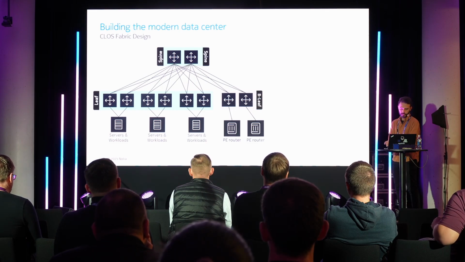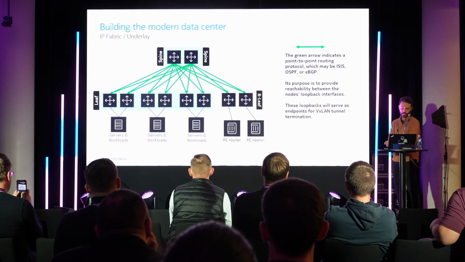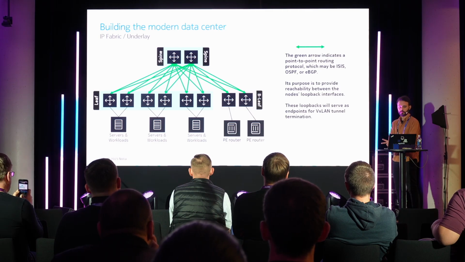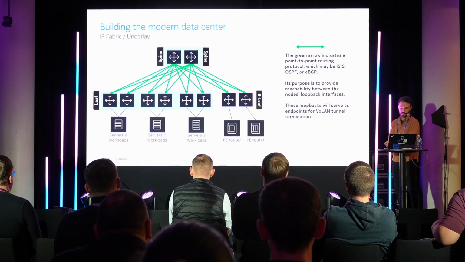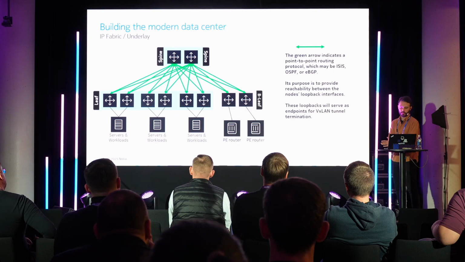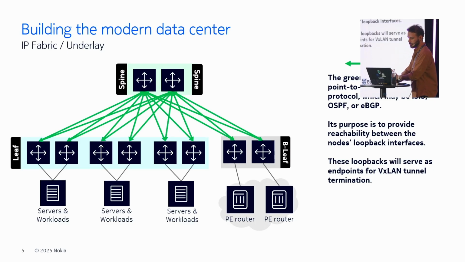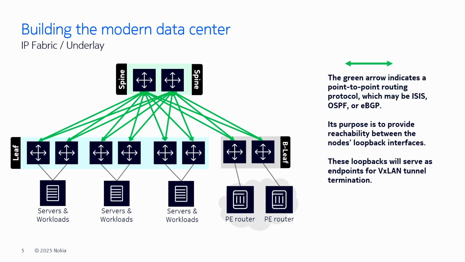In this architecture, we use two protocols, underlay and overlay routing protocols. The green arrows that we see over here represent a routing protocol, which could be IS-IS, OSPF, or external BGP. The purpose of this protocol is to exchange loopback addresses between leaf switches, so we will be able to tunnel traffic between leaf switches.